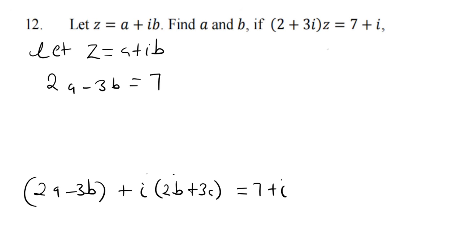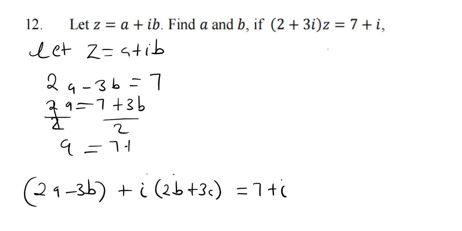Let's try to make a the subject of the formula. So I can have 2a equals 7 plus 3b. Then if I divide by 2 on both sides, our a equals (7 plus 3b) over 2.